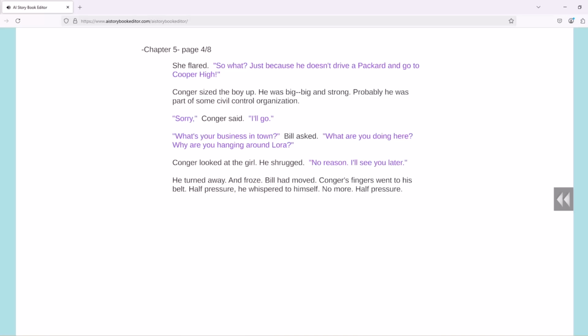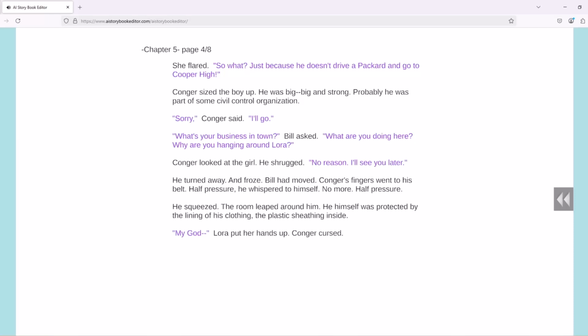Half pressure." He squeezed. The room leaped around him. He himself was protected by the lining of his clothing, the plastic sheathing inside. "My God." Laura put her hands up. Conger cursed. He hadn't meant any of it for her. But it would wear off. There was only a half amp to it. It would tingle, and paralyze. He walked out the door without looking back. He was almost to the corner when Bill came slowly out, holding onto the wall like a drunken man.